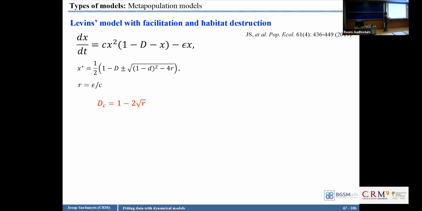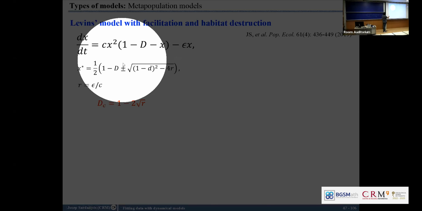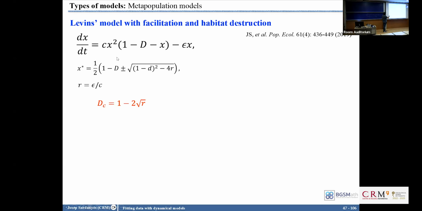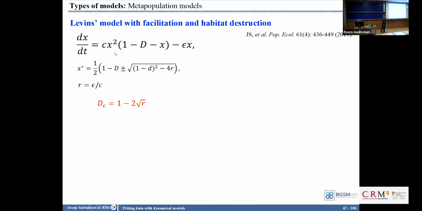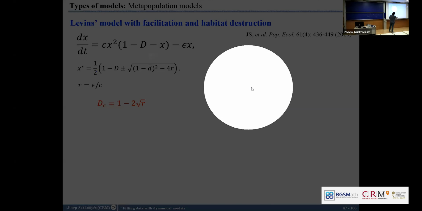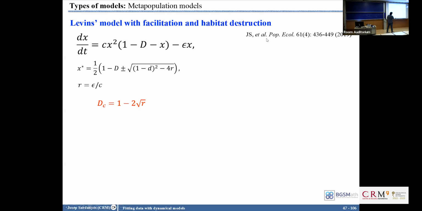Okay, so this very, very simple model is a model where we have facilitation, habitat loss, and competition. Of course, this term here, x squared, changes the dynamics completely. Here you have the reference of the article. It's published in Population Ecology 4 years ago.